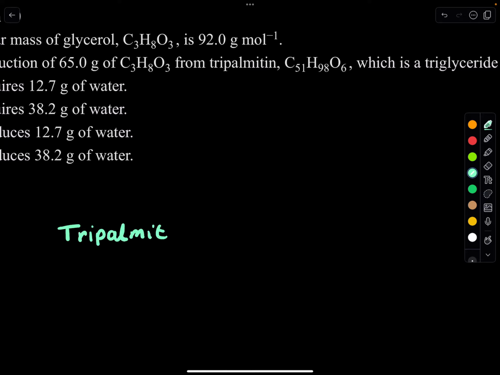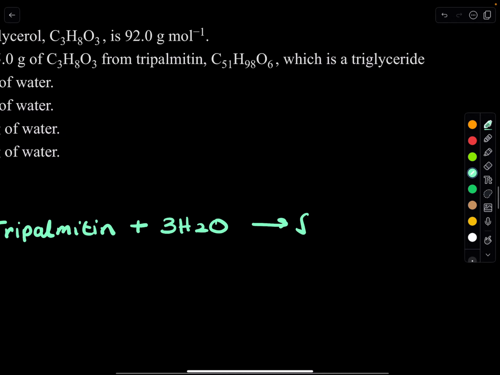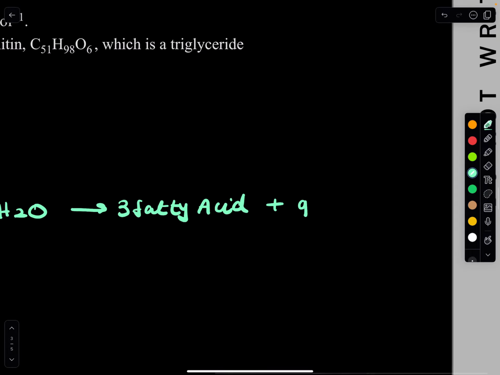Tripalmitin. It's hydrolyzing. So remember, if you want to break down a triglyceride, you need 3 water molecules. And that will give us 3 fatty acids, and of course, your glycerol backbone. So glycerol, which is 1.